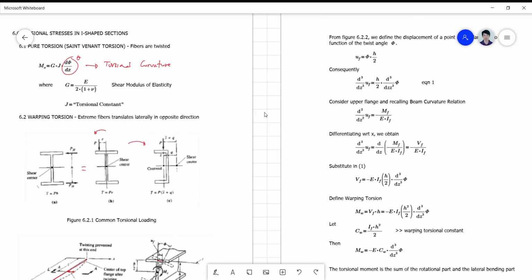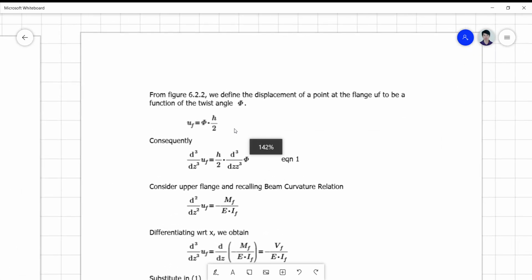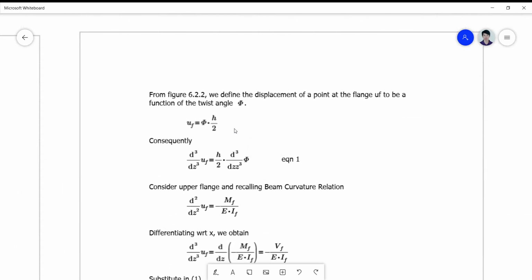So from that figure, we can now define some equations. Let's say the displacement of a point at the flange as a function of the angle of twist phi.